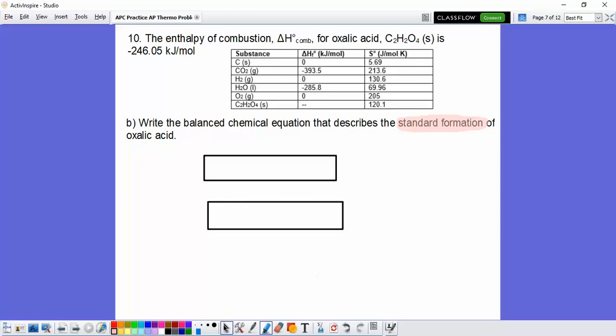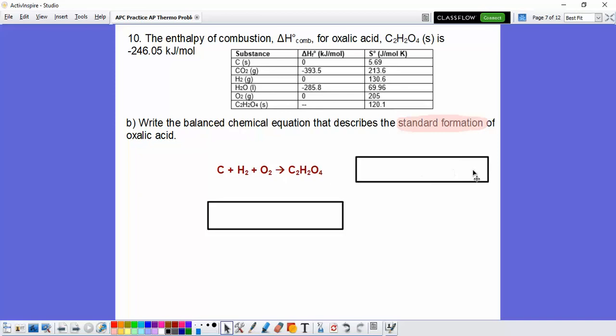So in oxalic acid, the product is going to be oxalic acid of this reaction. And the elements that make it up are carbon, hydrogen, and oxygen. But we have to remember that oxygen and hydrogen are diatomic. So this reaction looks like this, unbalanced. So it'd be carbon plus hydrogen plus oxygen. And I got lazy and I didn't do states of matter, but carbon's a solid, hydrogen and oxygen are gases.